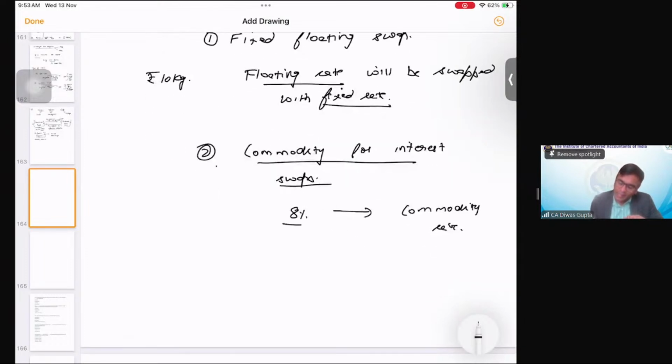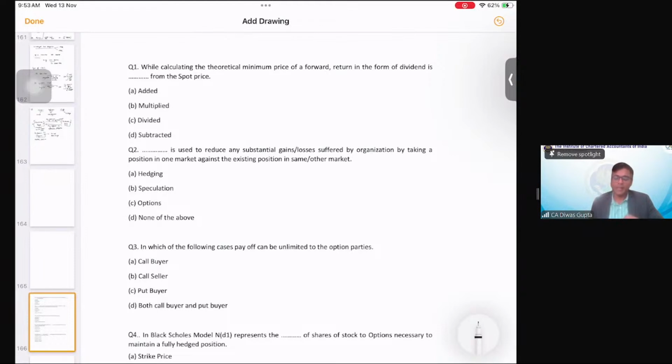Here I said that the interest rate percentage will be swapped for whatever commodity rate is appearing in the market. So let's say commodity rate fluctuations denote that there is a 10% movement basis the market, but we will be exchanging again the 8% for interest. Clear? But the way this 10% is calculated is basis the commodity rates. Okay.